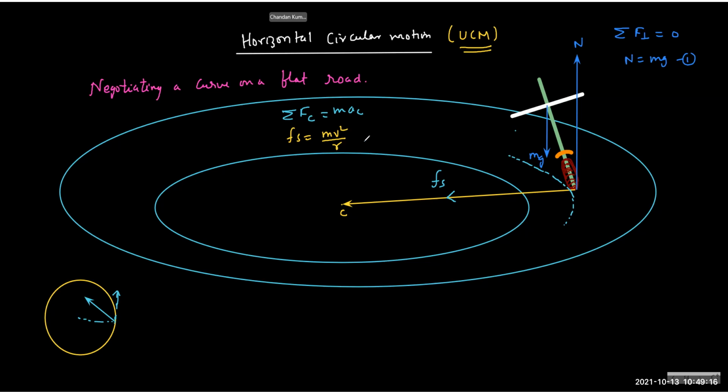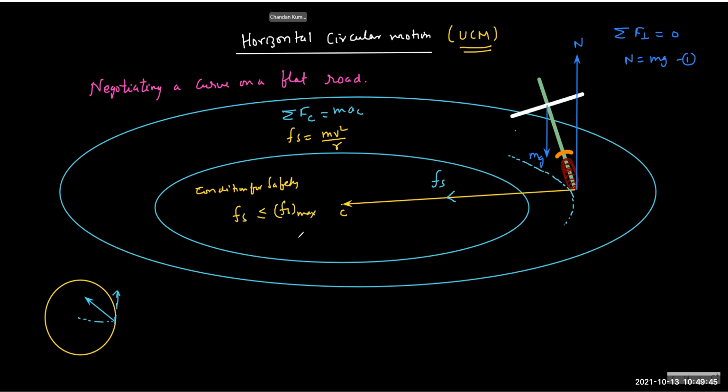Now Fs is m v square by r, and now we can write the condition for safe negotiation, or safely turning. The condition for safety is that the friction which we need to make this turn should be less than Fs max.